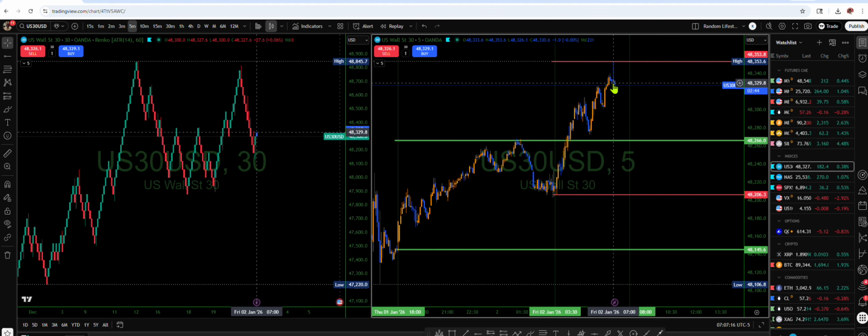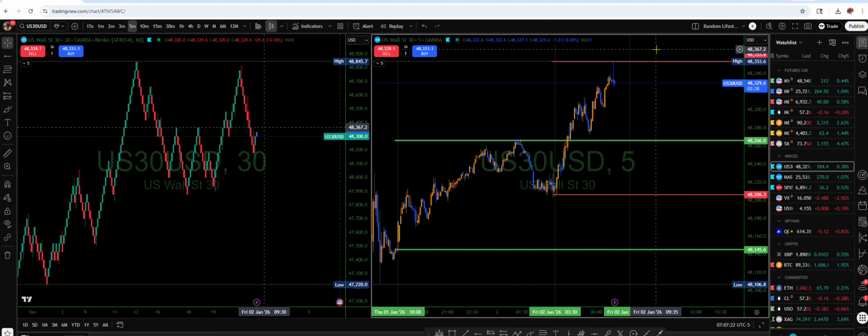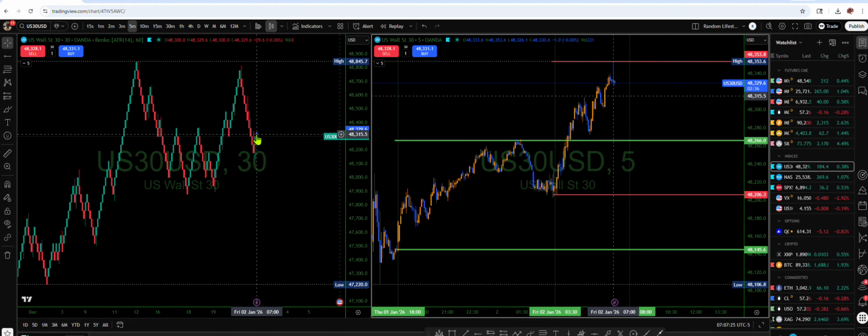So now what you're going to do is wait for this to complete. And once it's completed, then you're going to put in your buy to go in the right direction. And unless this changes to white, I'm not looking for any sells right now.